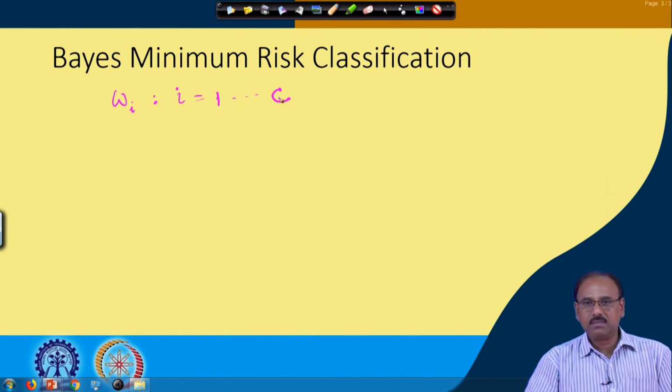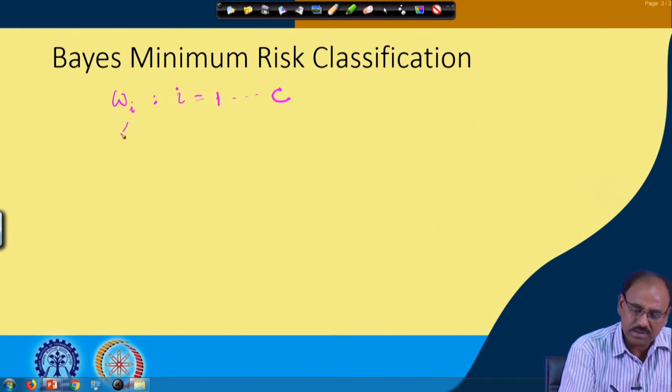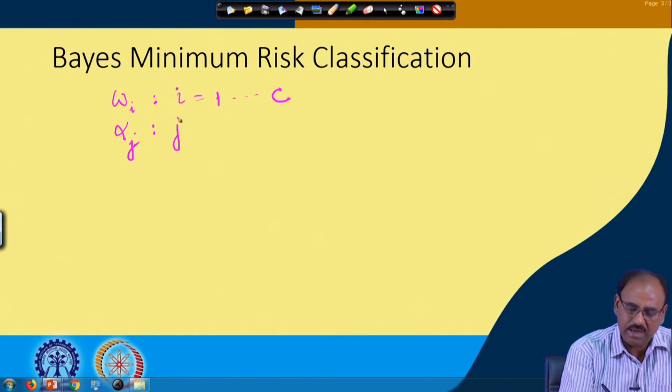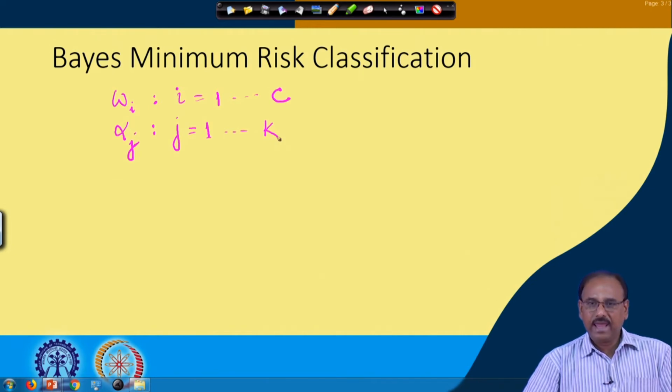In the case of the Bayes minimum risk classifier, we consider this omega i to be the states of nature, which are nothing but classes for our classification problem, and we also have a set of actions, alpha j, where j varies from 1 to capital K. So I have c number of true states of nature, and k number of actions alpha i.